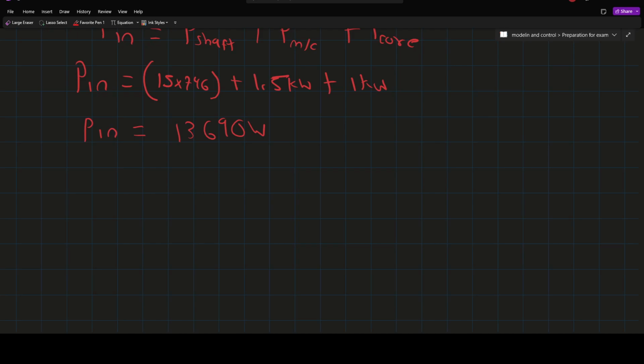Okay, we also know that our power in is equal to square root 3 times the line voltage times the line current times the cosine of the angle. So now we can plug in the values that we have to find the value of IL.